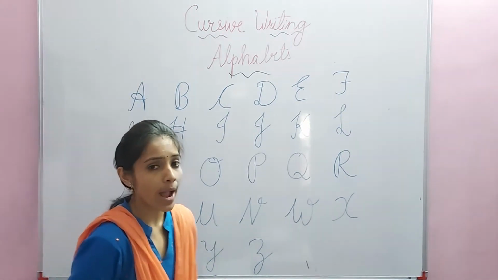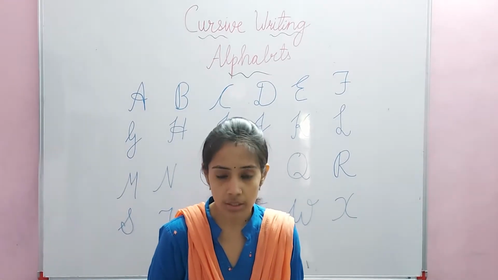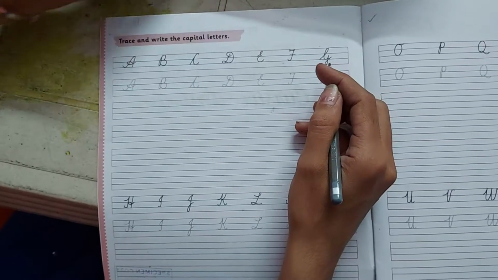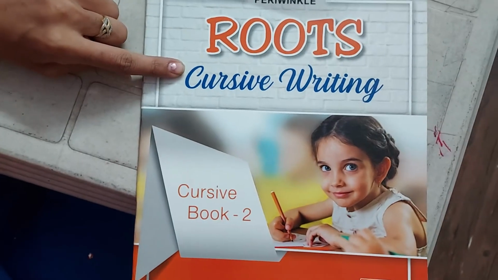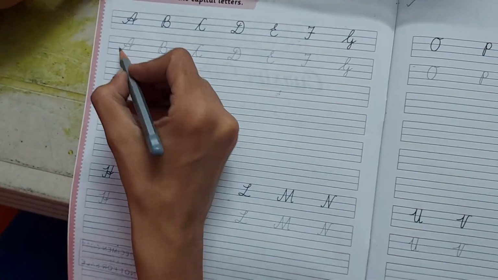So children, now I will show you how to write in your book. You have to write neatly and clean. All of you have this book, Roots Cursive Writing book. Now you have to open the second page and you have to write.